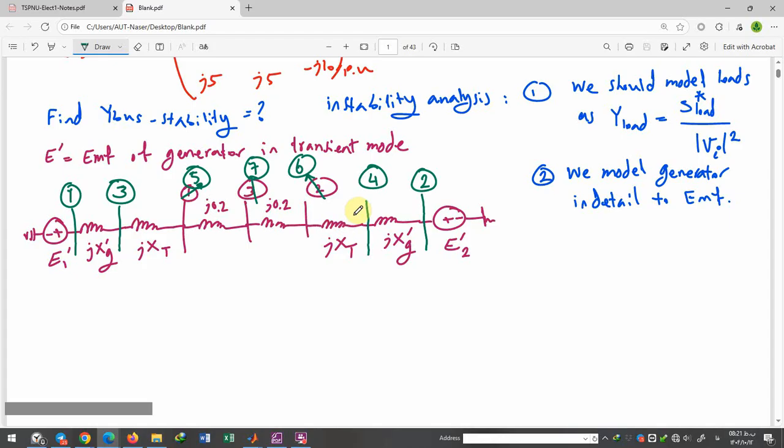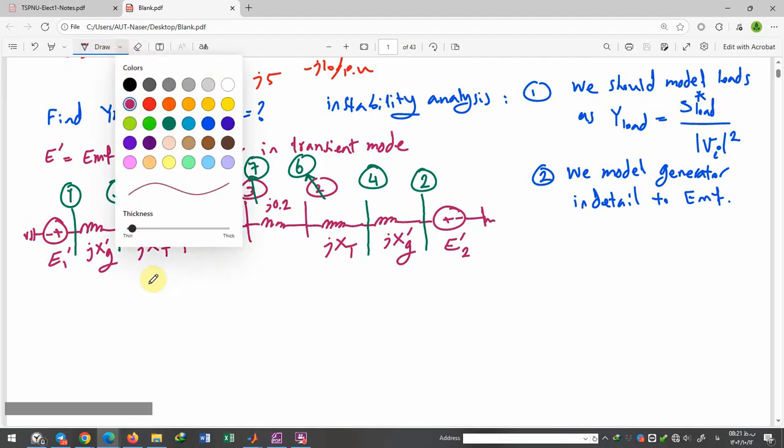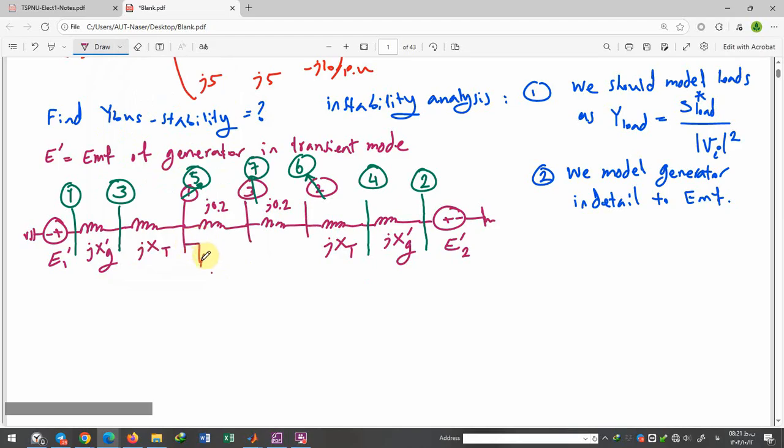After that, we have to calculate the Y bus, to calculate the admittance of loads. We have the load here, 1 plus j half per unit. Another load is here, half plus half j per unit, according to active and reactive power in per unit.